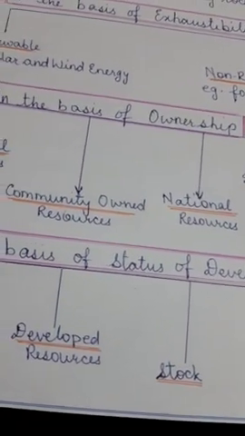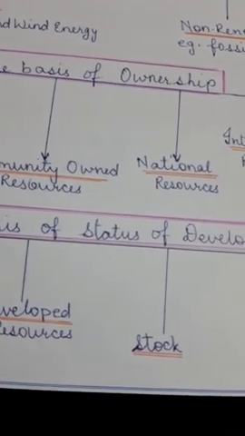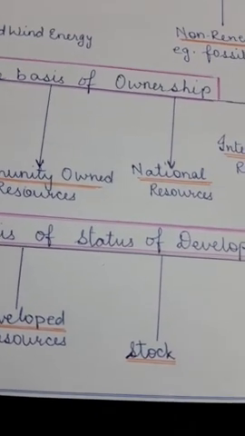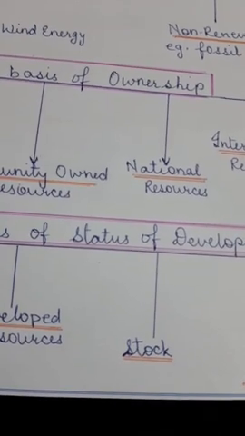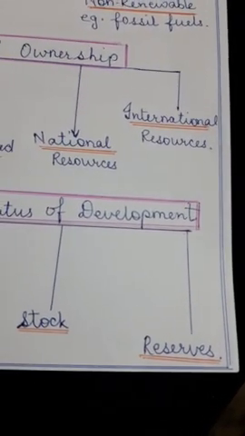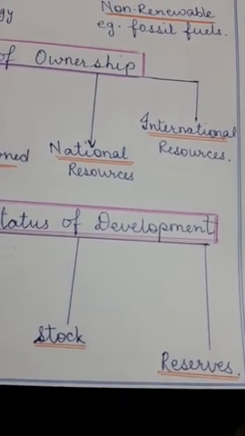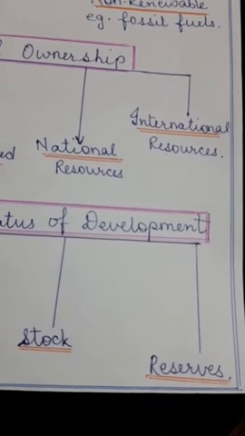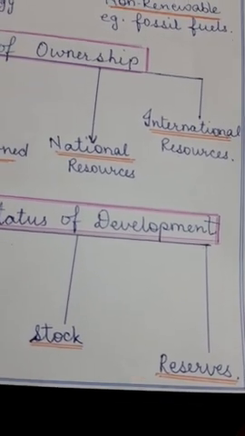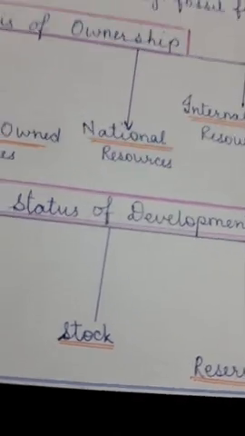But still we don't have the technology to utilize hydrogen and oxygen from it. Then the last one is reserves. These are also the resources which are found in a particular area in a country, but these resources have been left for the future. They are not being used right now.